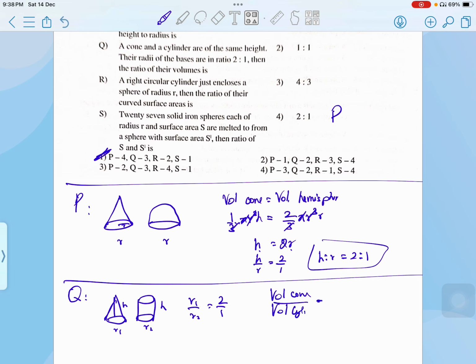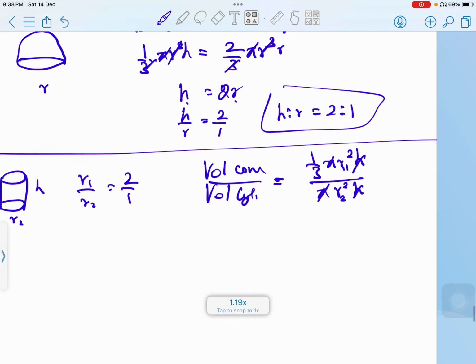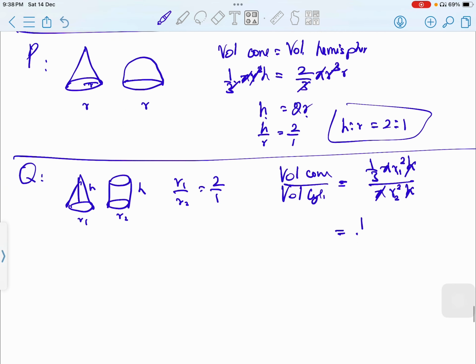Okay, let's first find out cone to cylinder. Volume of the cone will be 1 by 3 pi r square h, and cylinder is pi r square h. So it's r1 square and r2 square. Pi and pi cancel, h and h both are same. So it will be 1 by 3 into r1 by r2 square.